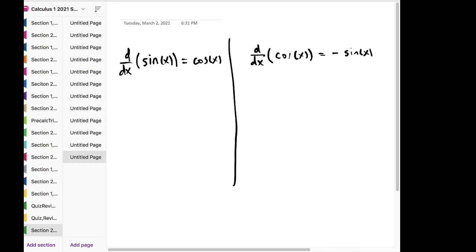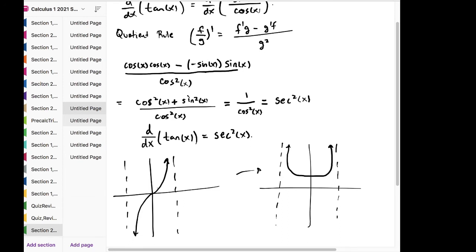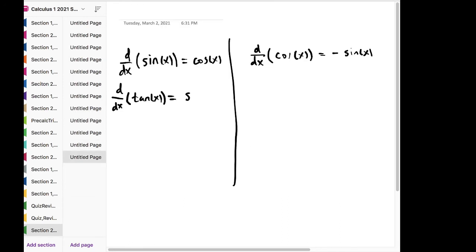What is the derivative of tangent? Secant squared. What is the derivative of cotangent? Negative cosecant squared.